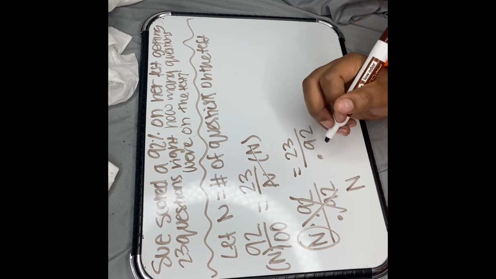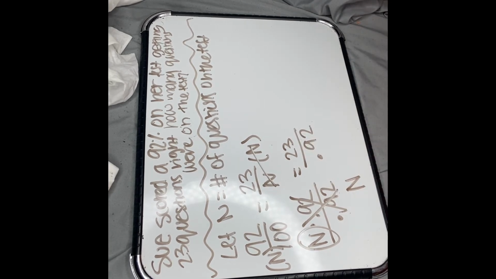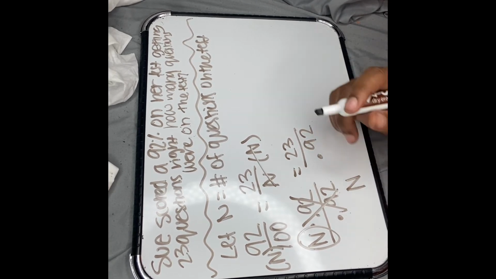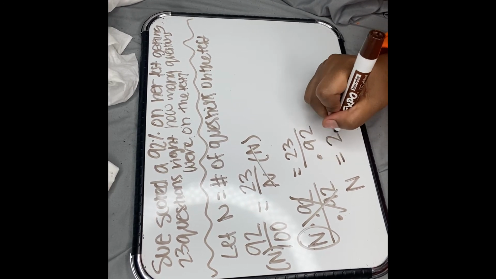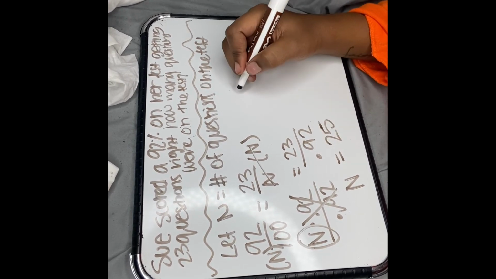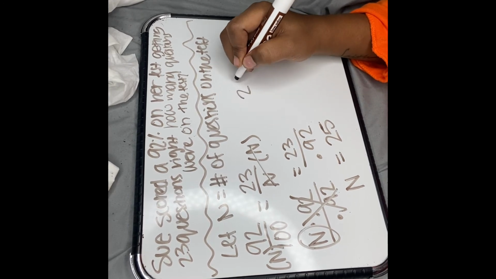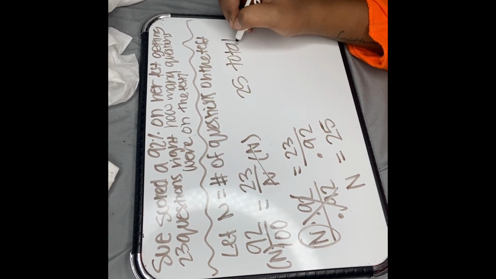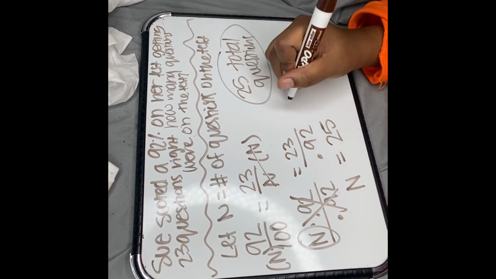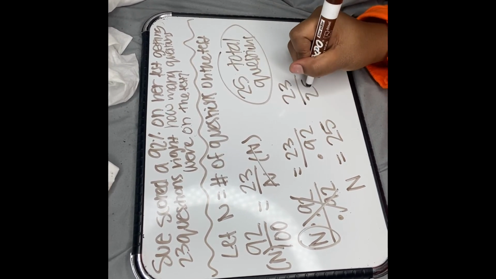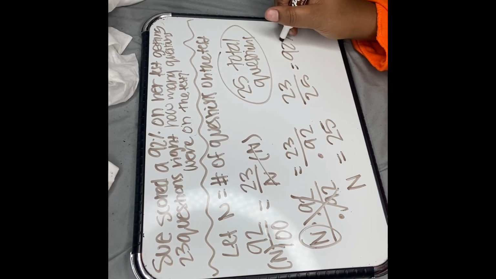So now we will divide 23 by 0.92, and you can put that in a calculator, and it will give us the simple answer of 25, which will mean that she got 25 total questions on the test. So having 23 of those 25 gave her 92%.